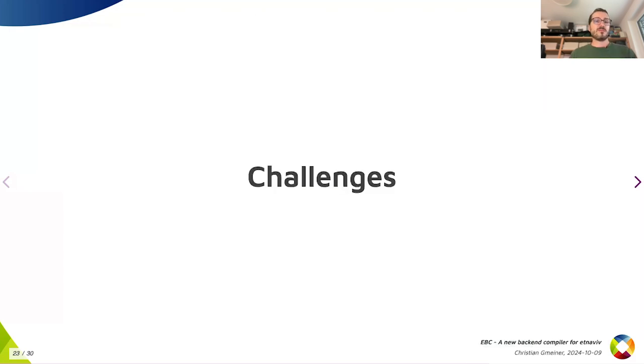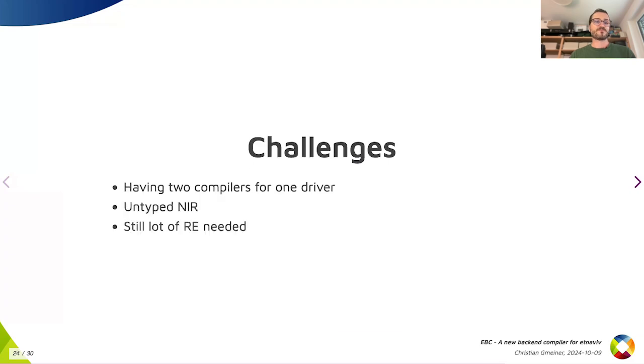Let's talk about some challenges I faced during development. During prototyping and the whole development process, I was running into many challenges. First, having two different compilers for one driver seemed manageable at first, but in practice it turned out to be quite tricky.